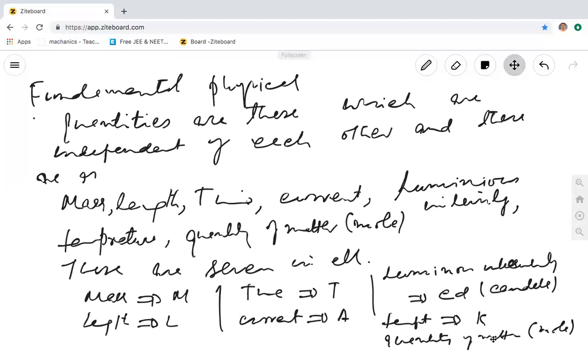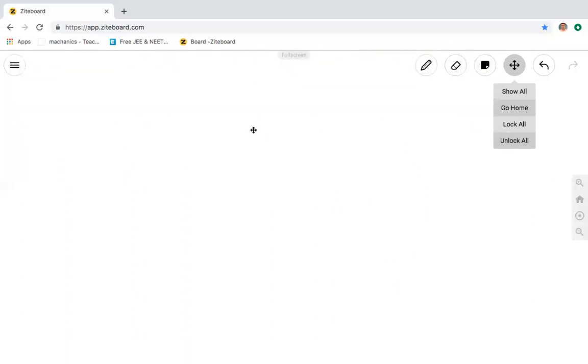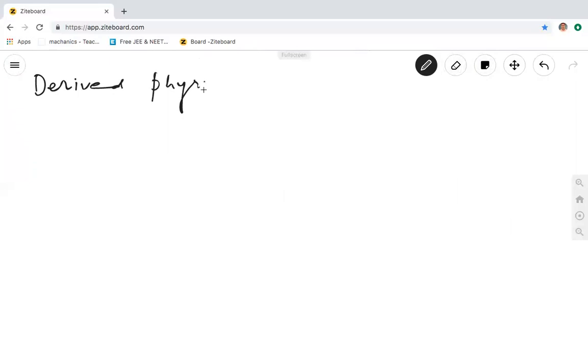Now, what about the derived physical quantities? Of course, these physical quantities, mass, length, time, current, are quite independent of each other. I mean, there's no relation between mass and length, time and current. Now, let me go to derived physical quantities.